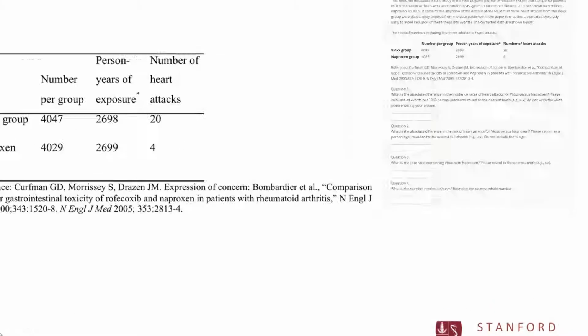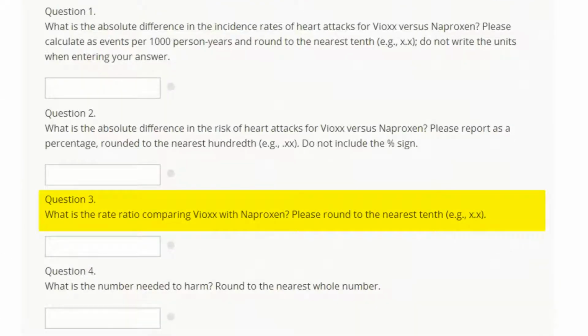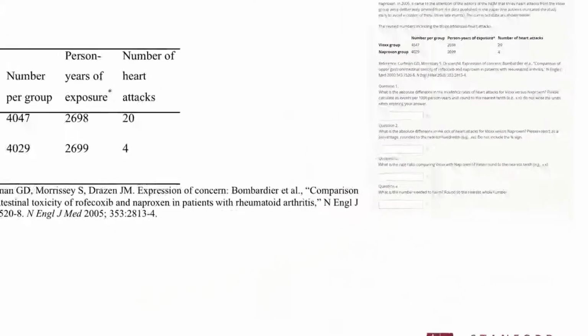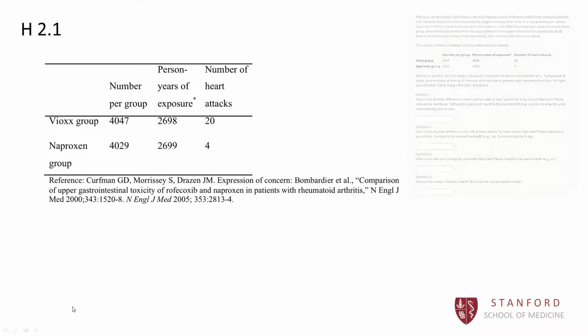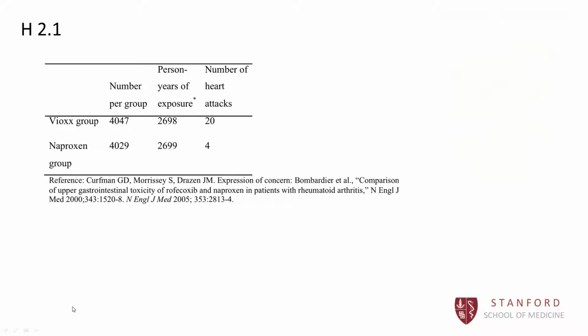The third part of this question is asking us about a rate ratio. Now remember, whenever you see rate ratio, you think time. Okay, there's a component of time in this. So in order to calculate the rate ratio comparing Vioxx with naproxen, what I'm going to do is take these numbers.